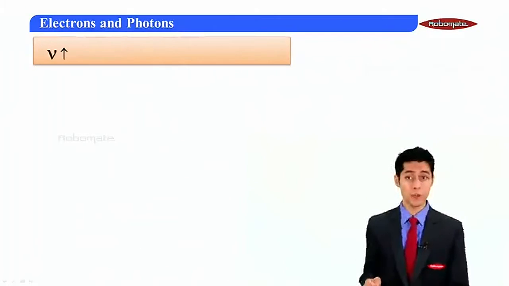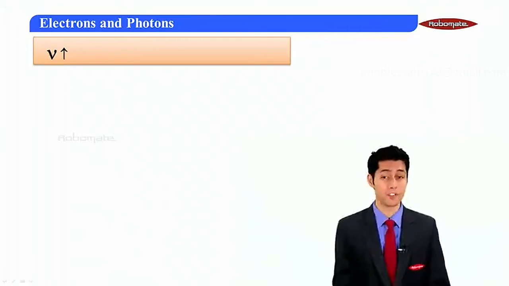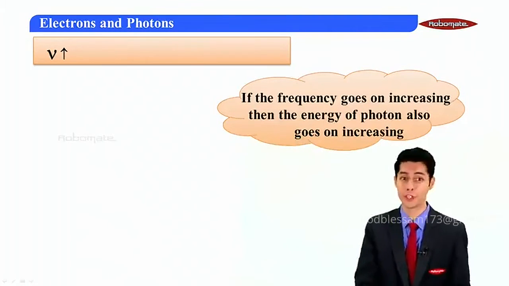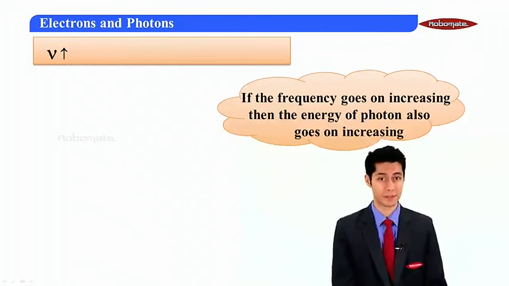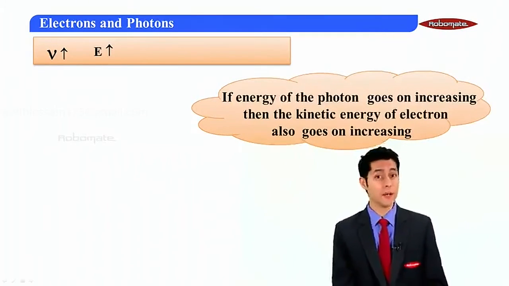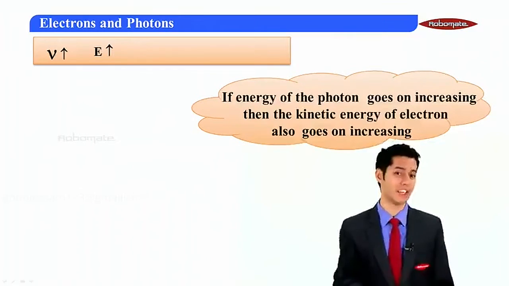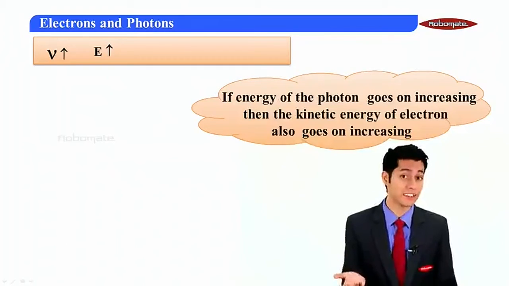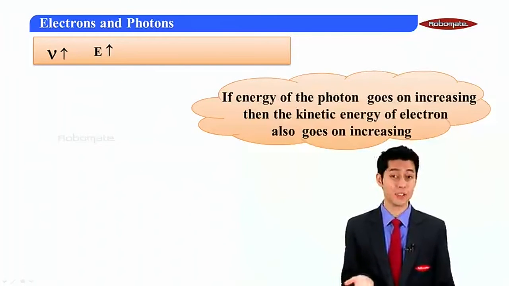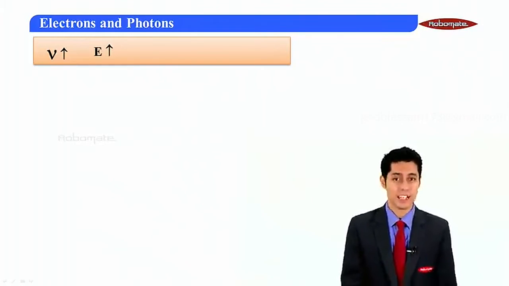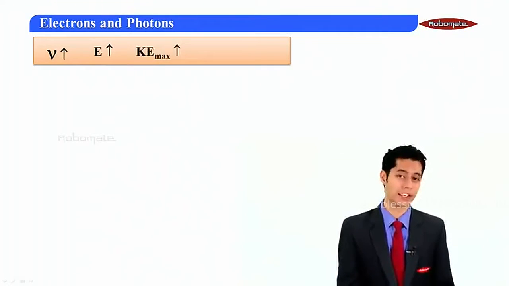So we conclude that if the frequency of the incident radiation goes on increasing, then the energy of the photon also goes on increasing. If the energy of the photon increases, we know that the kinetic energy of the electron also increases, so Ke max also goes on increasing.